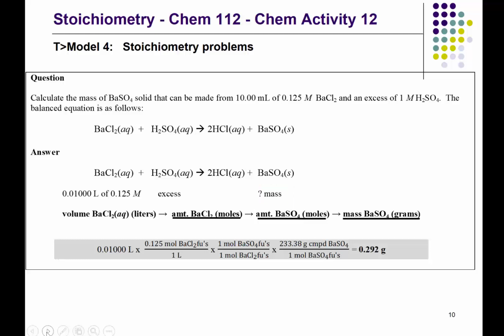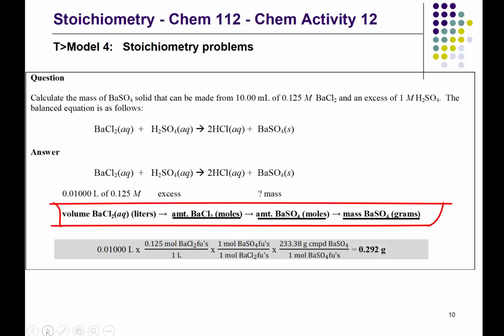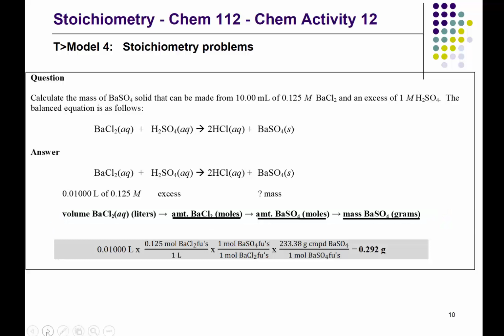You can see that I write out a unit plan. The volume of barium chloride to the amount of barium chloride to the amount of barium sulfate, and then finally the mass of barium sulfate. And then what's shown in gray would be the actual calculation. The volume times the concentration, of course, will give me the amount in moles of barium chloride.